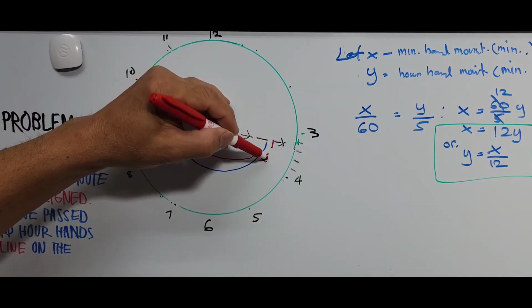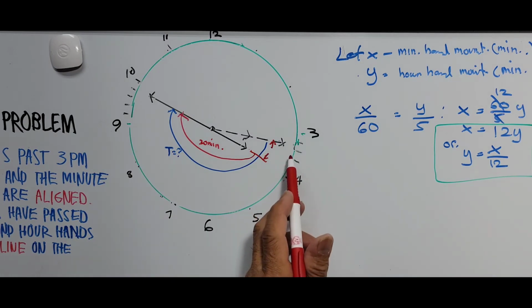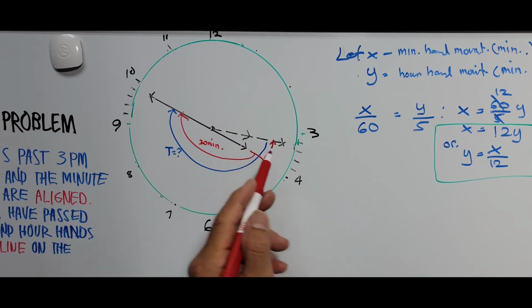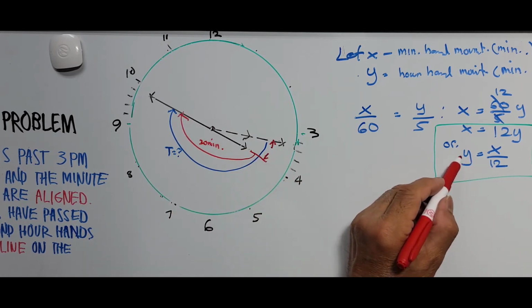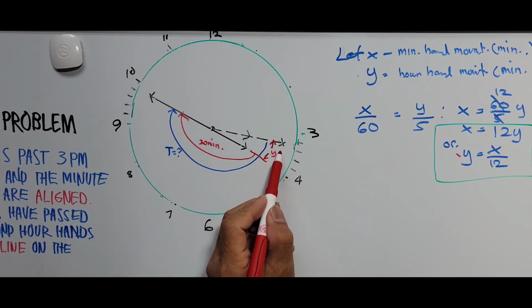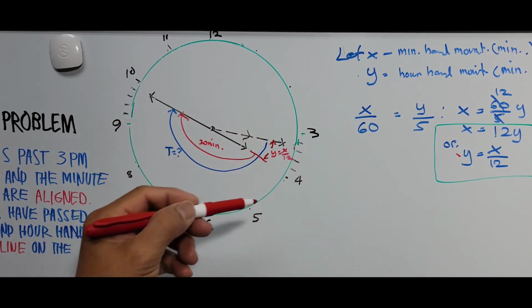This gap right here is the movement of the hour hand, starting from when both hands were aligned. So we got the relationship. Movement of the hour hand is y. So this is y. That is x over 12. That's the value of this, in minutes.